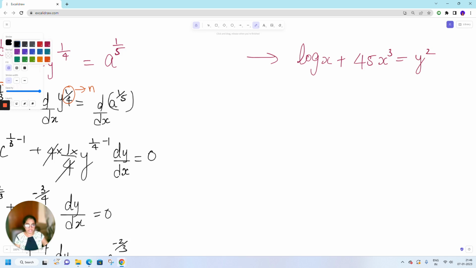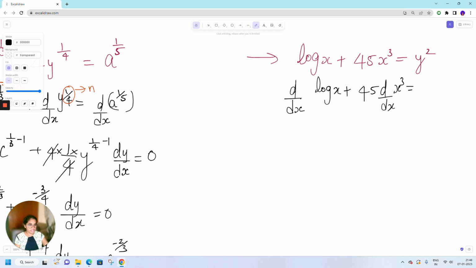So first let me write it down as d/dx of log x plus 45, which is a constant, times d/dx of x cube, is equal to d/dx of y square. Yes, so what is differentiation of log x? That is 1/x plus 45 into 3x square, right? Differentiation of x cube. And then 2y dy/dx.